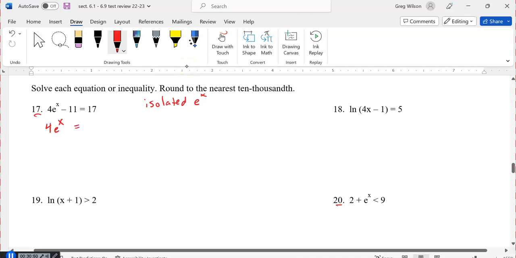So in number 17, I'm going to add 11 to both sides, and then I'm going to divide by 4. And now I'm going to turn this into a natural log equation. Natural log 7 is equal to x, and I just have to let the calculator tell me what that is. Natural log 7, and still rounding to 4 decimal places, 1.9459.